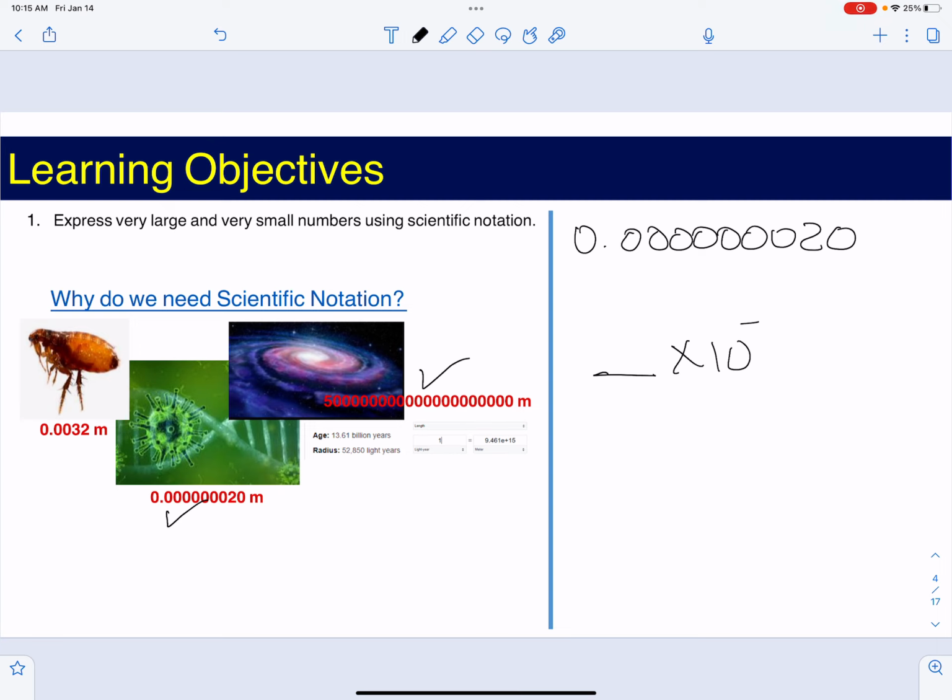If we go this way, that's never going to make it between 1 and 10, so that's not what we're doing. We're going to move it this way: 1, 2, 3, 4, 5, 6, 7, and 8. So that's where the 8 goes, and once we do that, this is going to be 1.2 times 10 to the negative 8.